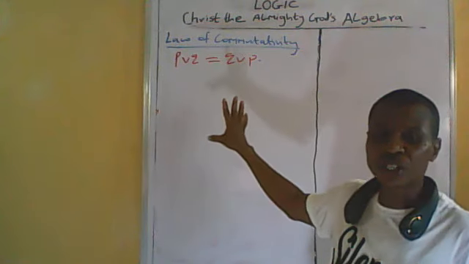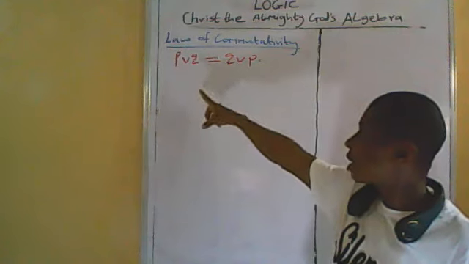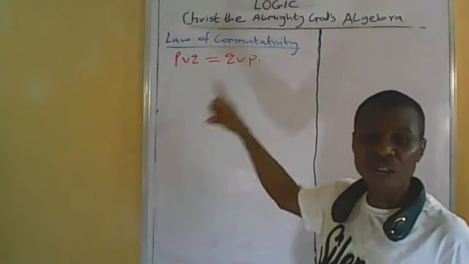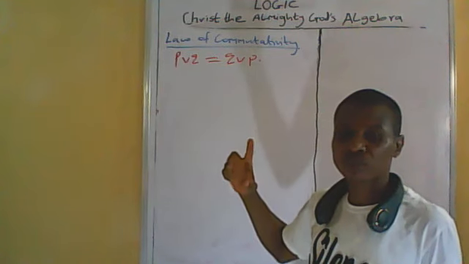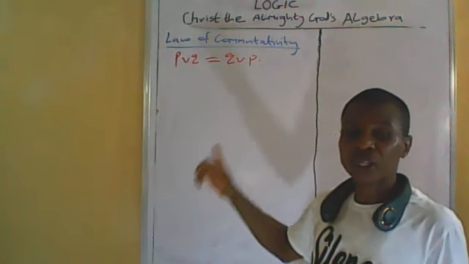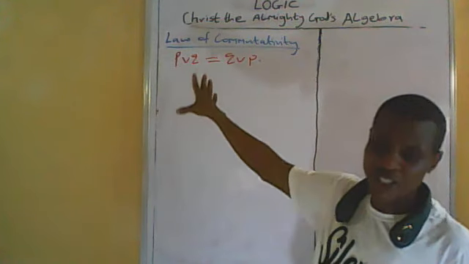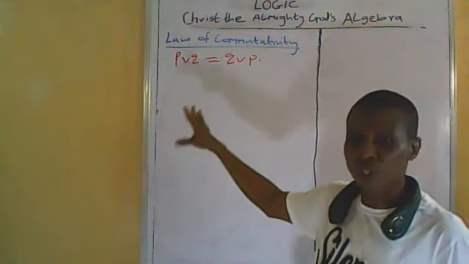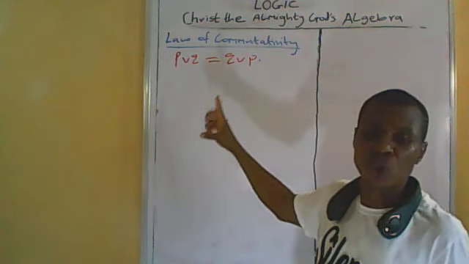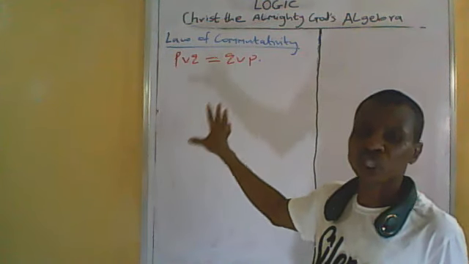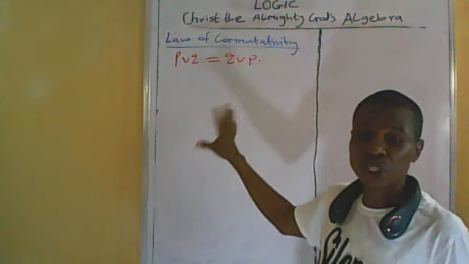If you observe the equation, you find out that P at the left-hand side of the equation is the first disjunct, while Q is the second disjunct. But at the right-hand side of the equation, Q becomes the first disjunct, while P becomes the second disjunct.